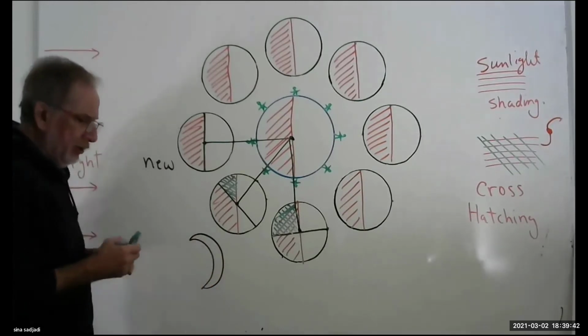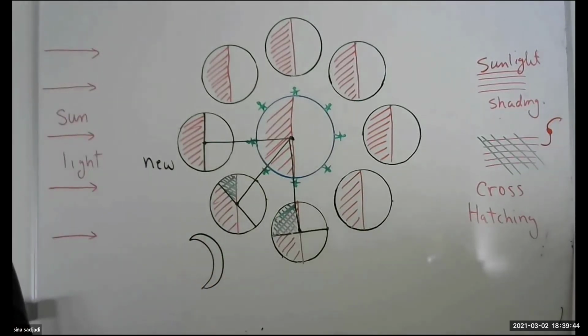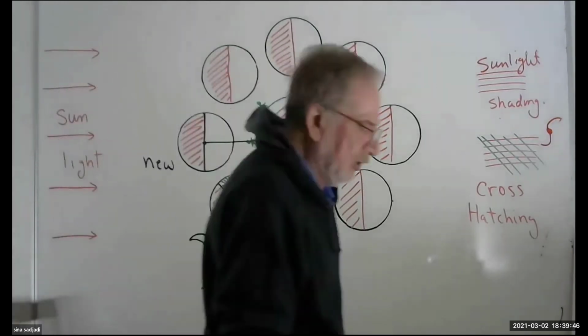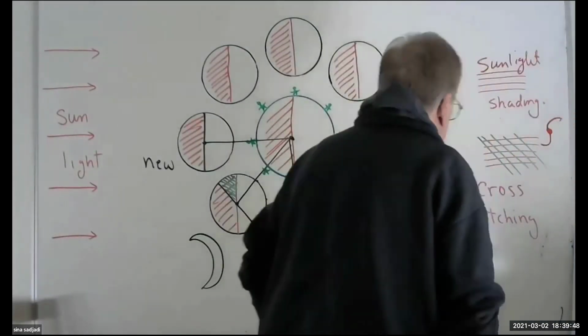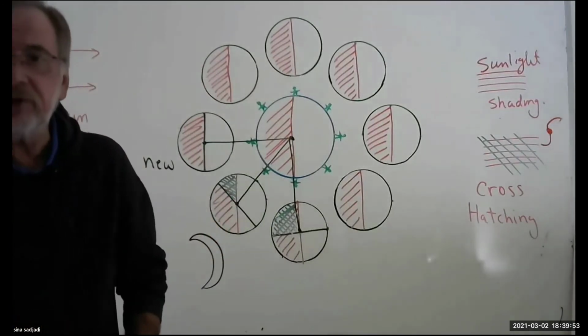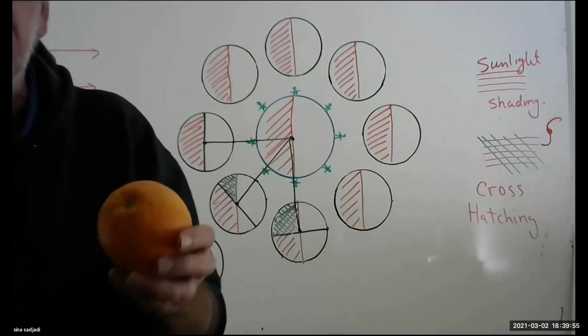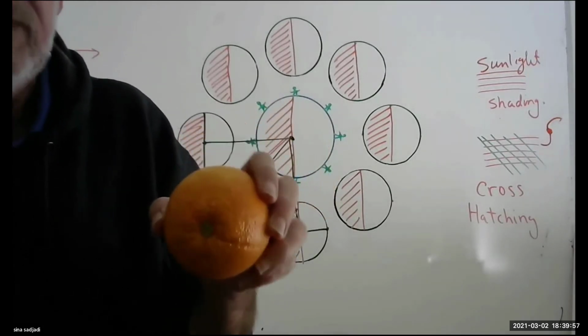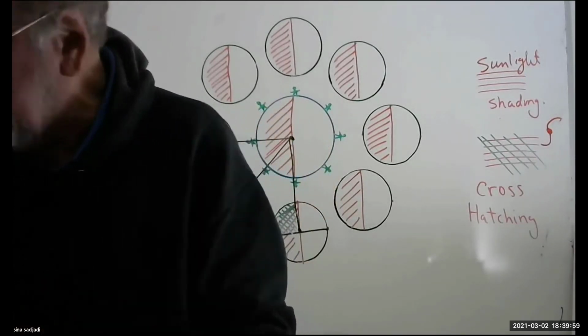It's a crescent. So how does that make sense? Why do I see a crescent and yet here I see a little pizza? What's the deal? Well, the deal is I'm looking at the moon like this. And so the pizza looks kind of like this.